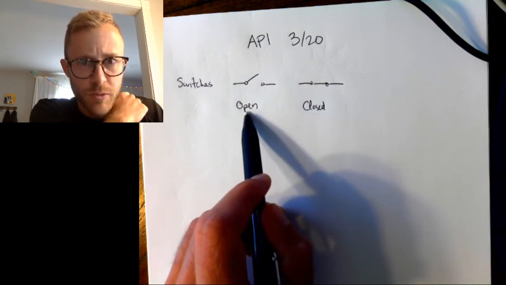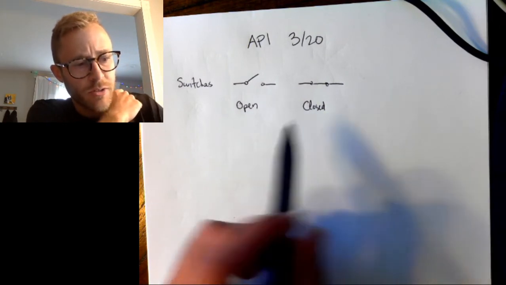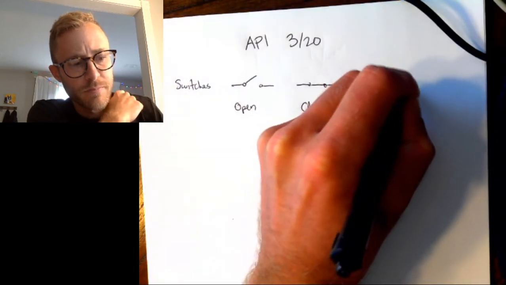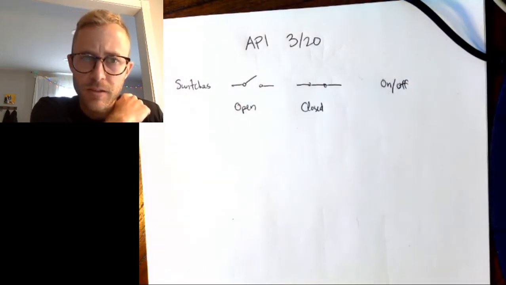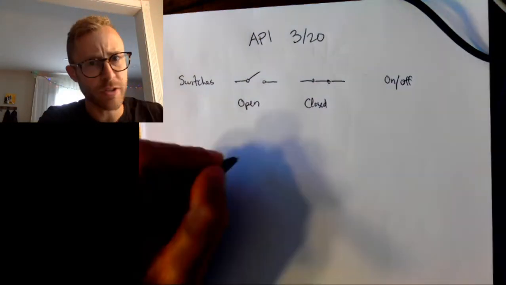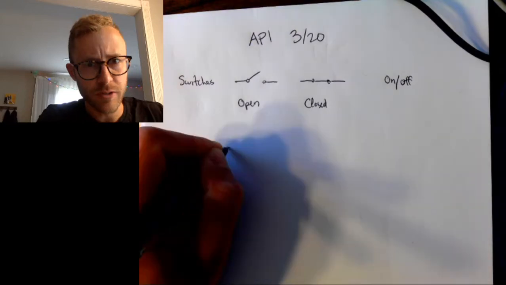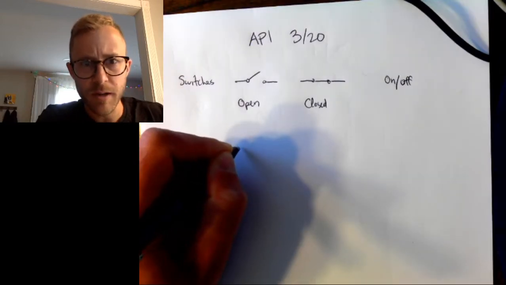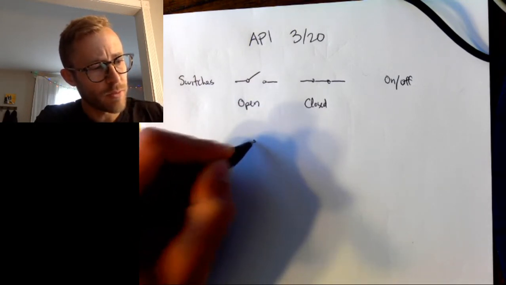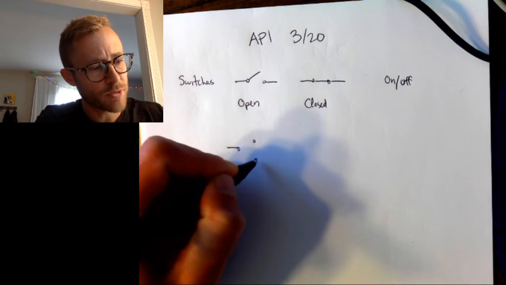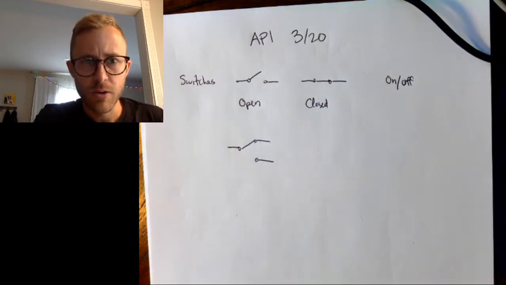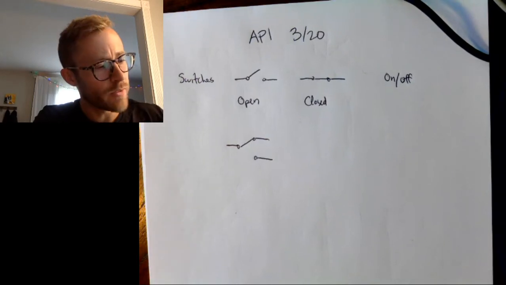So you have an open switch and a closed switch. I like to call this the on-off switch. Okay. Because the switch is either on or it's off. Another kind of switch you can have is a switch that can toggle between two options. So it can be like this, and we could call that the A position.